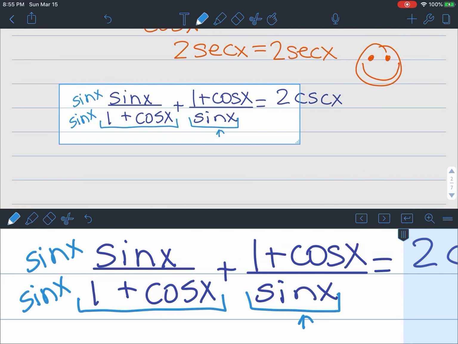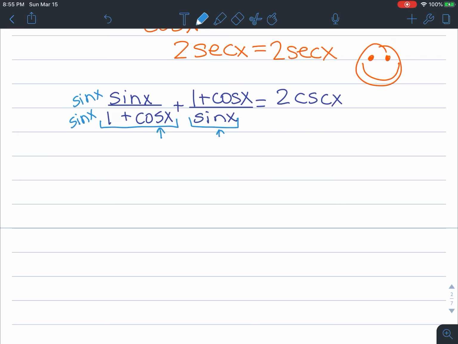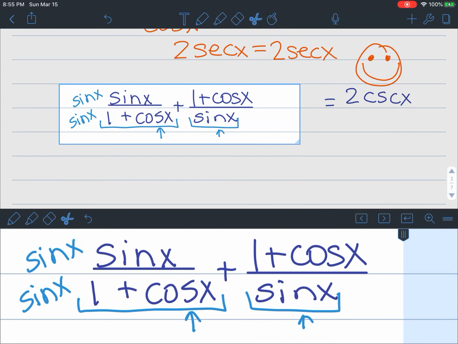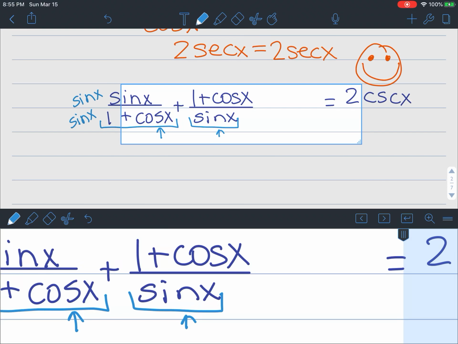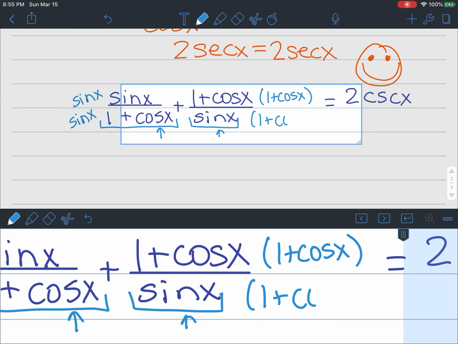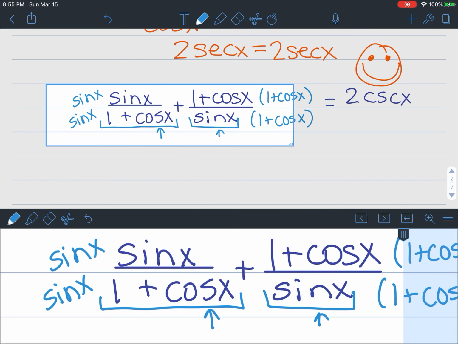Then I'm going to come over to the second fraction and multiply the top and bottom by 1 plus cosine x. This is still in the way, so I'm going to move it over a little bit. There we go. I can do that because it equals 1.